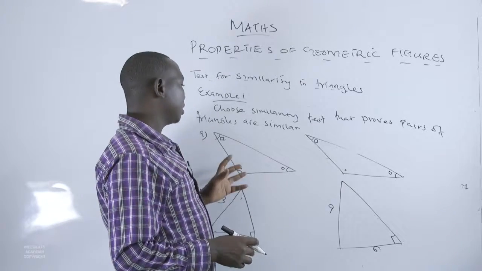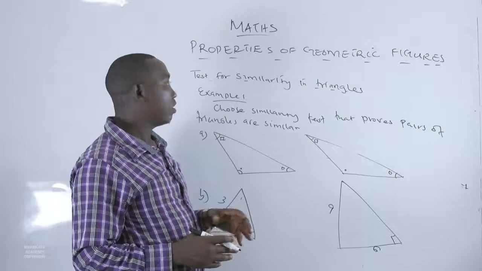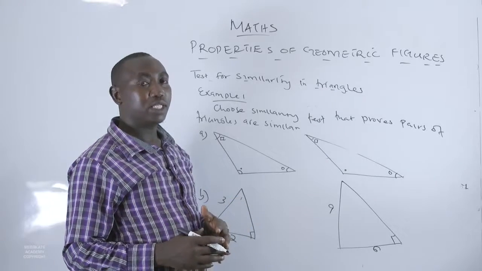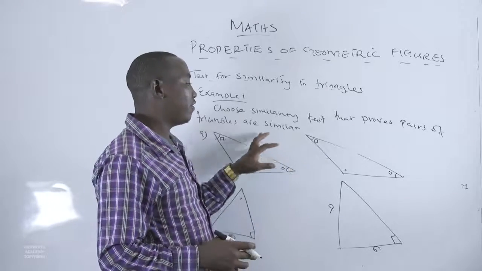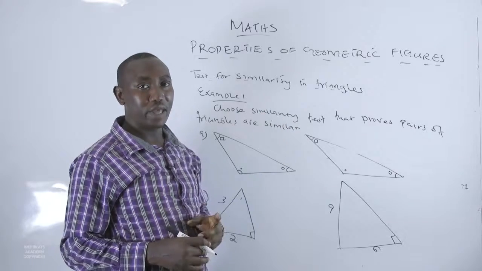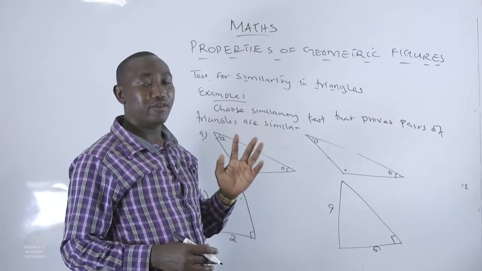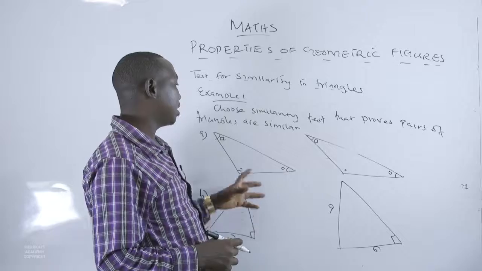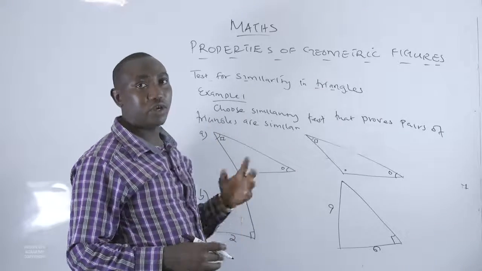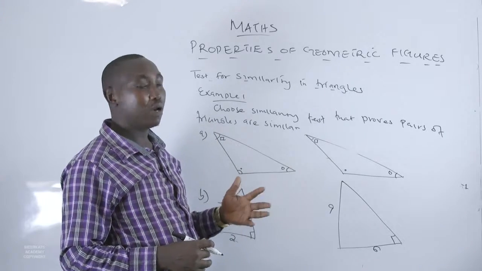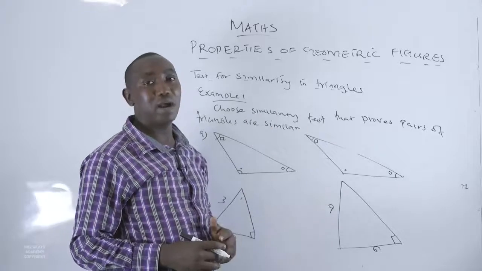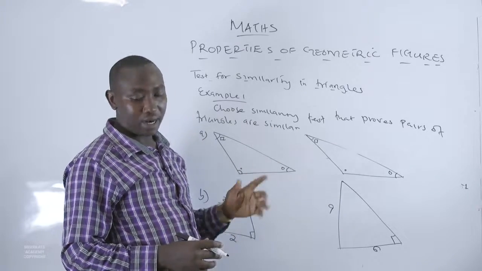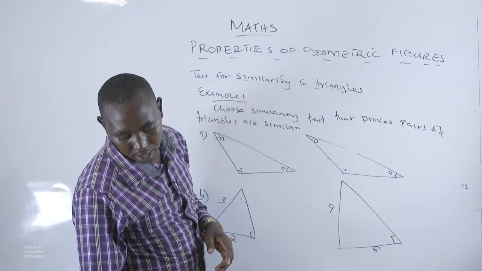So in the first case, we use the test where all the angles of the first are equal to all the angles of the other one. That states that if all the pairs of the corresponding angles are equal with the angles of another triangle, then they are similar.